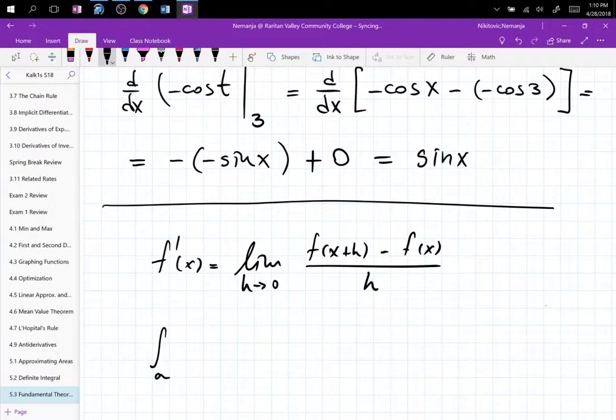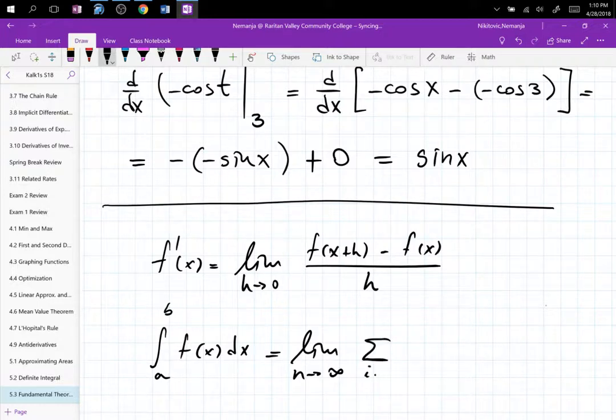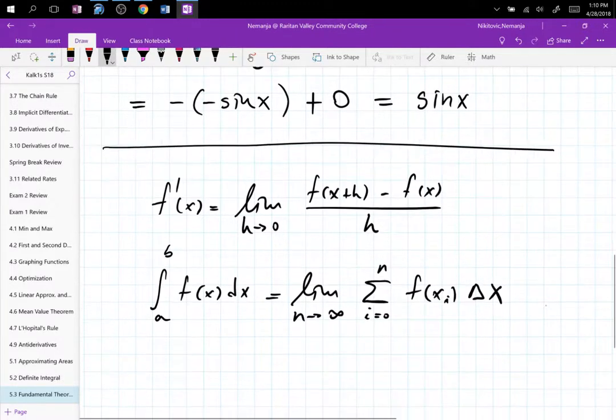The definite integral from a to b of f of x dx is given by the limit as n goes to infinity of the summation, i goes from 0 to n, of f of x i delta x.